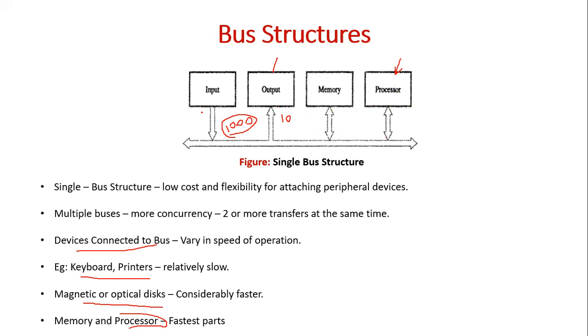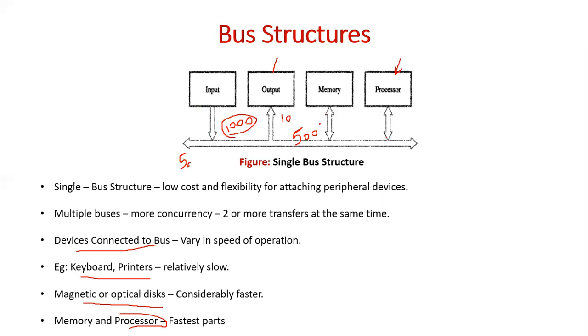Similarly, for example, the keyboard can send only, say, 5 characters per millisecond, but memory can accept 500 characters per millisecond. Even though memory can receive 500 characters per millisecond, the keyboard is sending only 5 characters per millisecond.